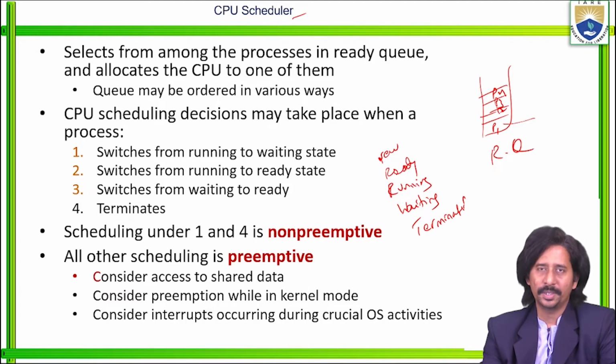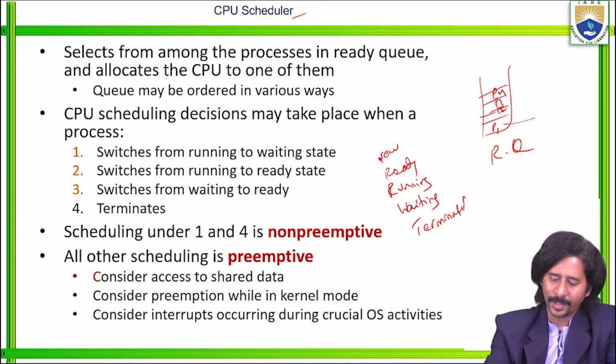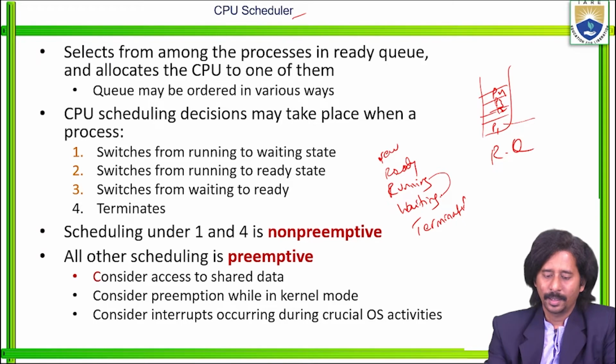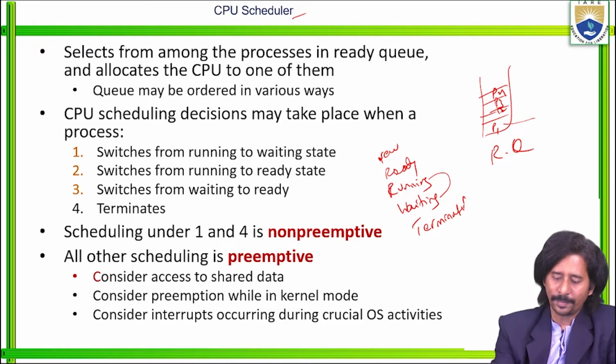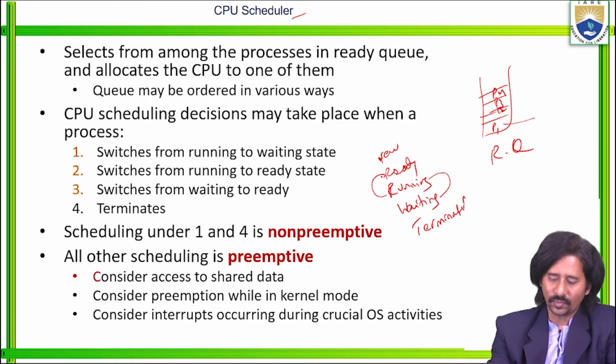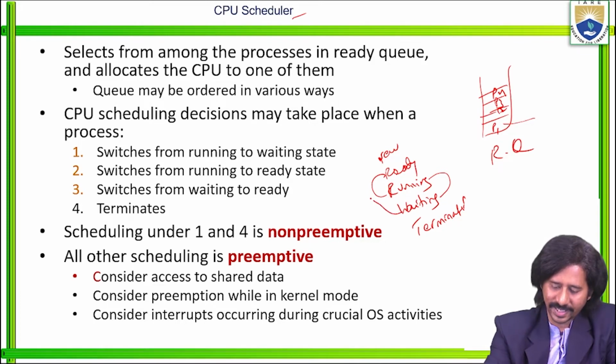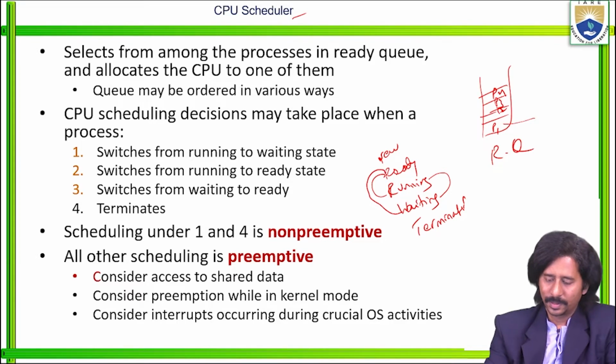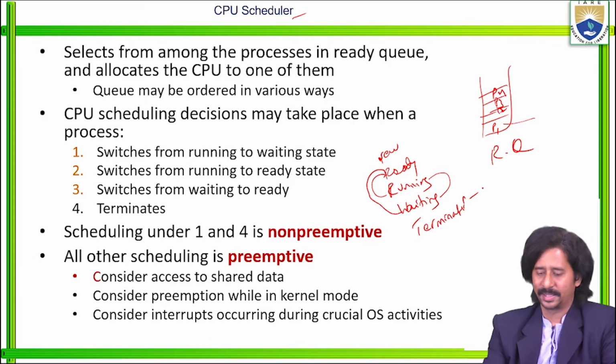Here the CPU scheduling decisions may take place whenever a process switches from running state to waiting state, switches from running state to ready state, switches from waiting state to ready state, and finally when it terminates, right?